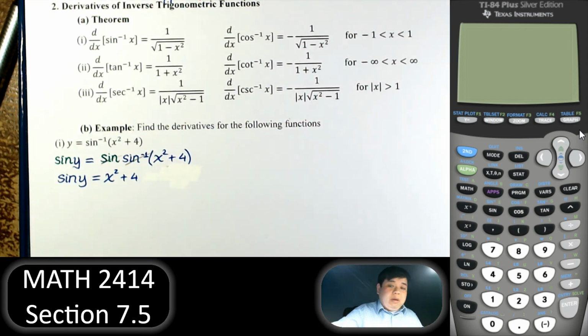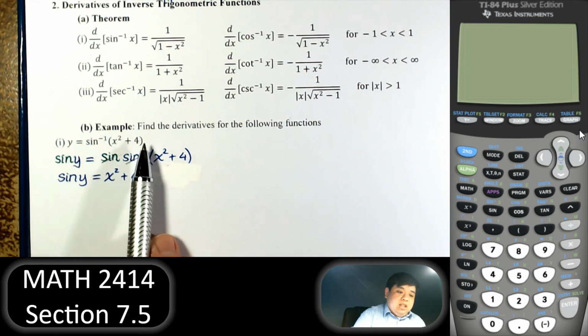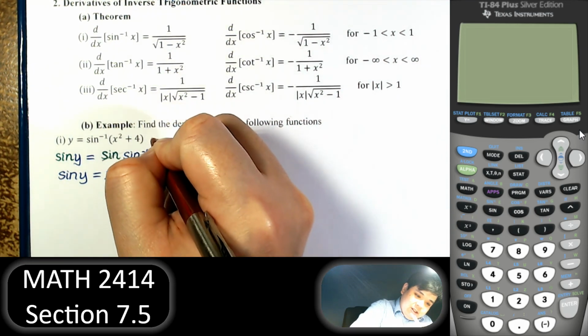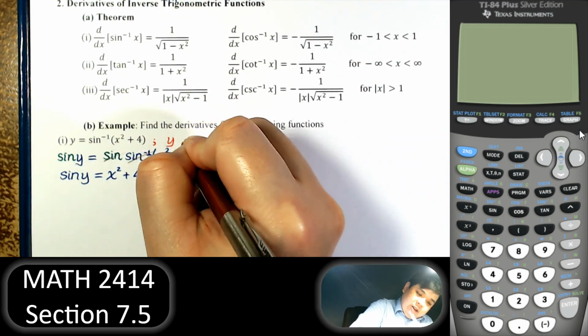Right, now let's do some calculus instead of trigonometry. We find the derivative where y is a function of x. When we have y equal to something like this, we say y is a function of x.